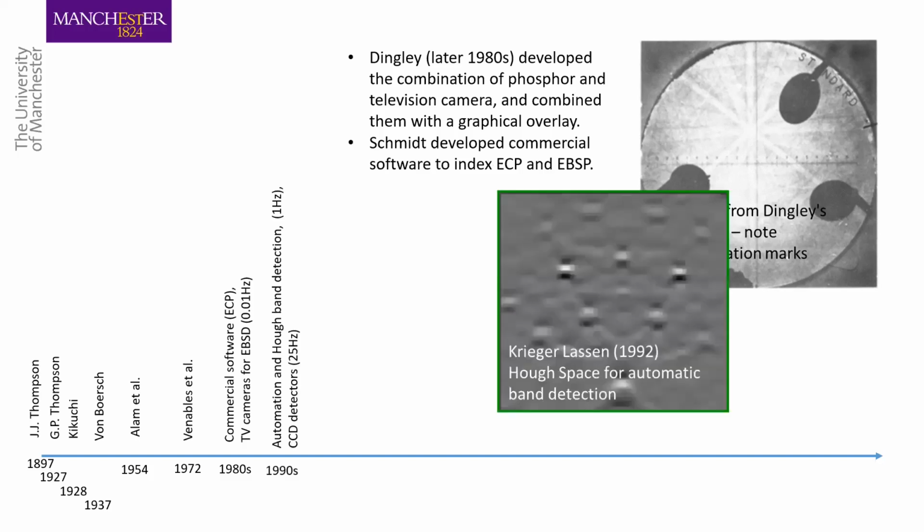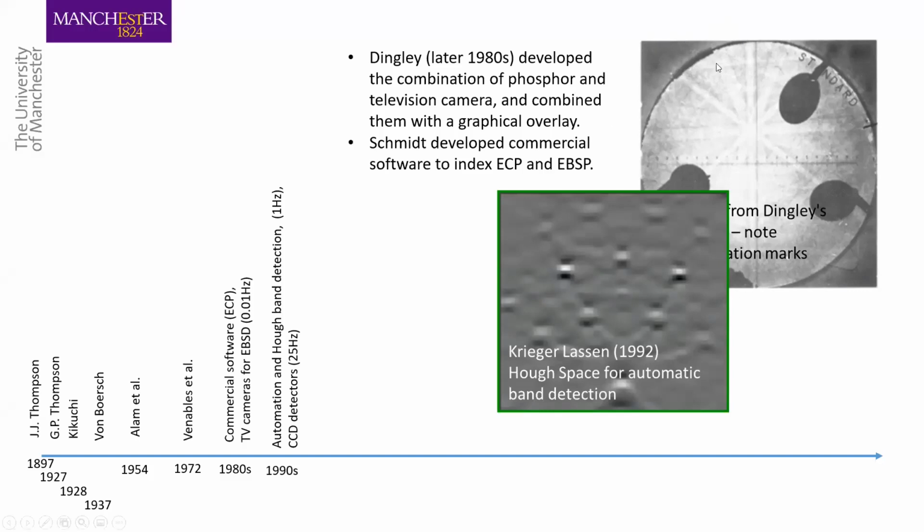And then in the 1990s, Hough band detection came about. So Krieger Lassen realized that he could convert the pattern to a different space called Hough space, and convert the bands into spots. It's usually very difficult to write software to detect bands in an image, but spots, it can do that.